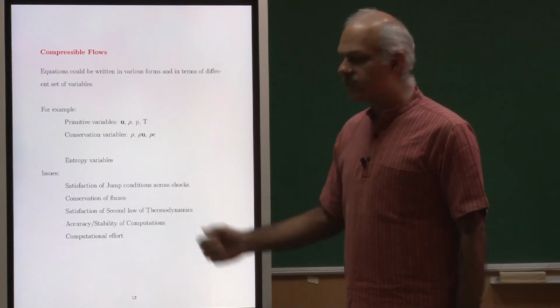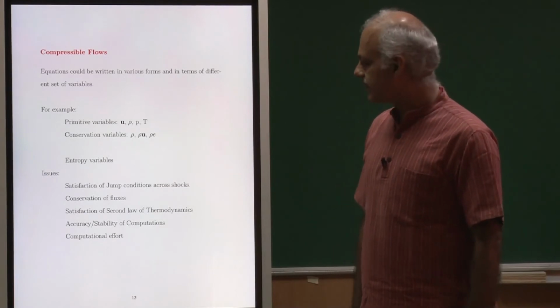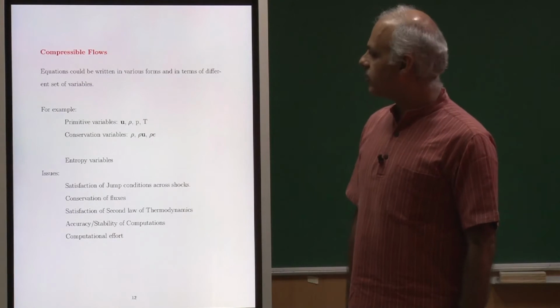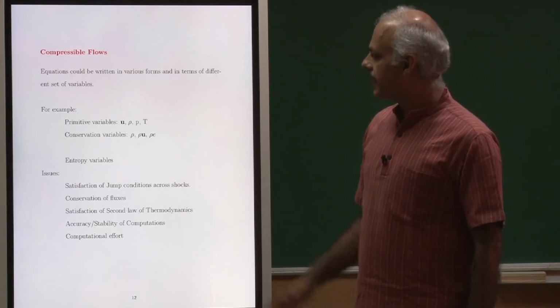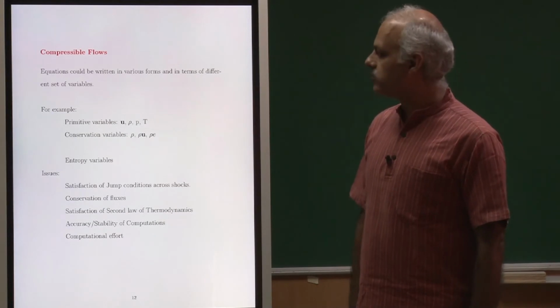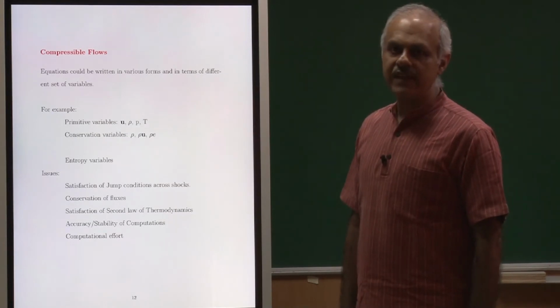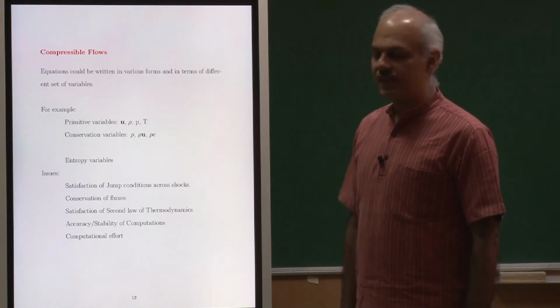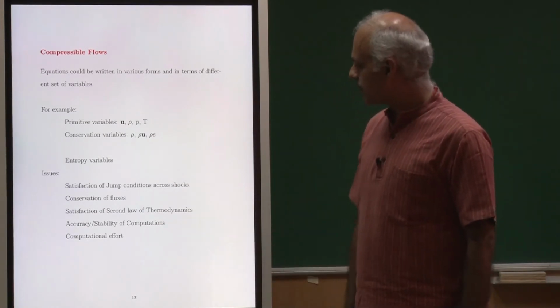Again, the issue of accuracy and stability of these calculations is important, and the computational effort, because when you go to compressible flows, your number of variables is large. If you also include chemistry, where you have reacting flows, then you could have a large number of unknowns, and this effort could become extremely large.